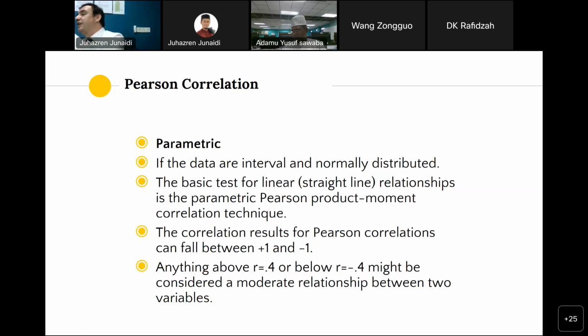One is increasing, the other one goes down. That is the -1. When they go down together, it means still positively related. The negative means one is going up, the other one is going down.